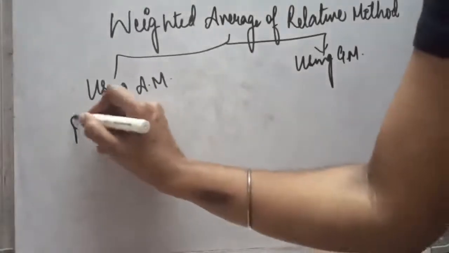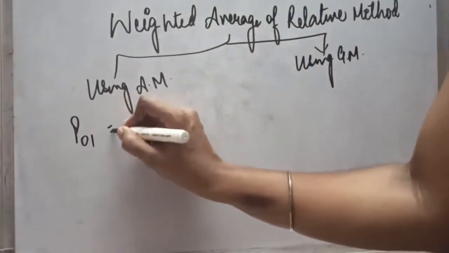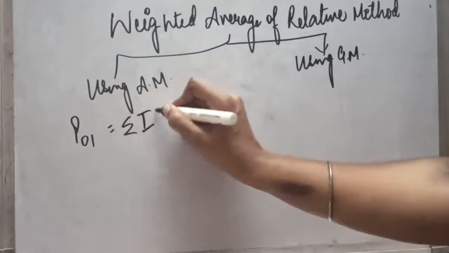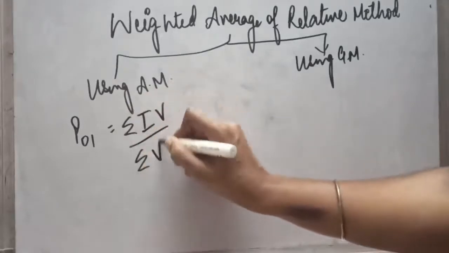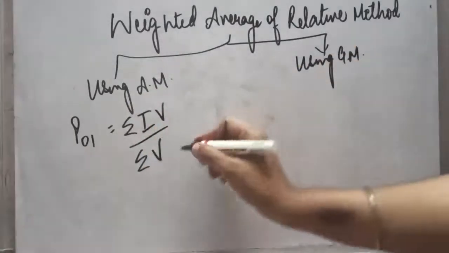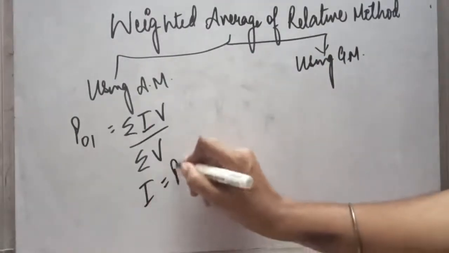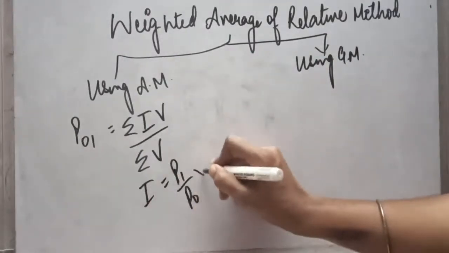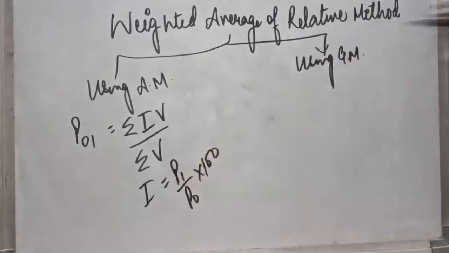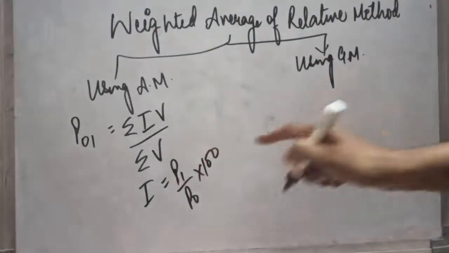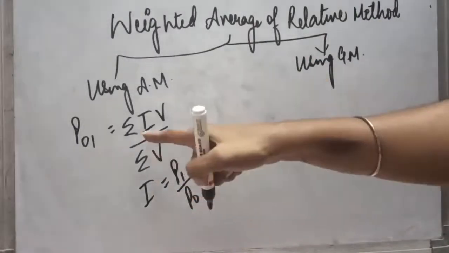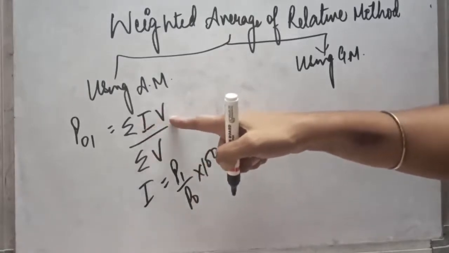When you have been told to calculate the weighted average of relative method using the arithmetic mean, the formula which we will apply is: price index equals sigma IV divided by sigma V. Here I stands for P1 divided by P0 into 100. If you remember, P1 divided by P0 into 100 was our capital P. So it means capital P is multiplied by weights.